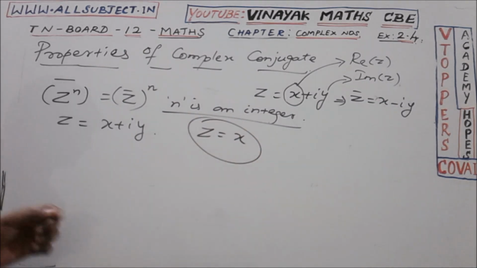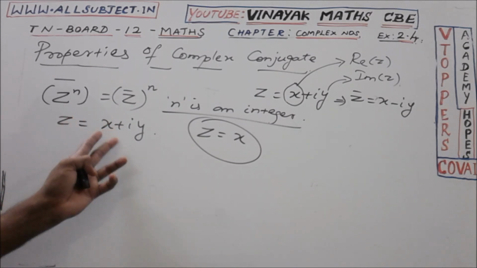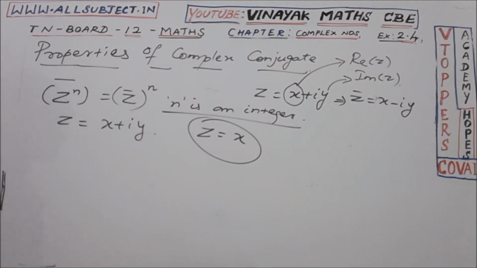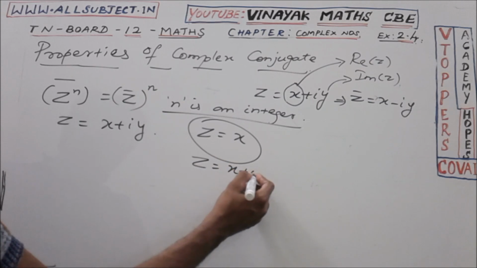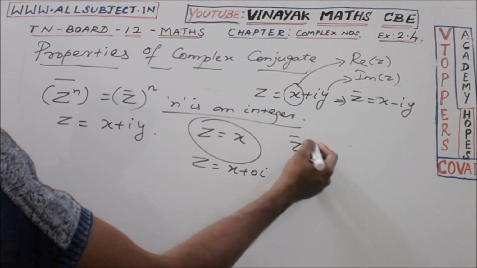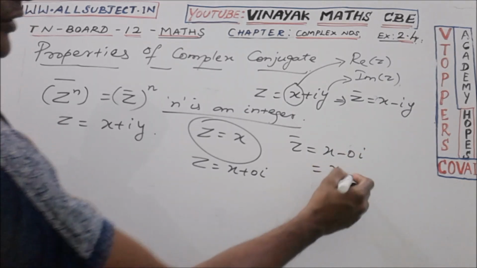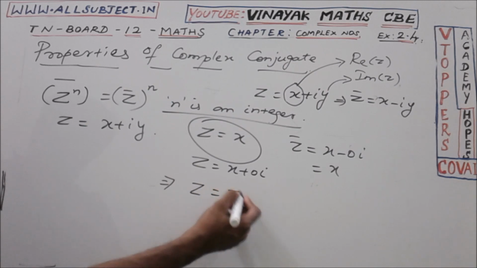Here Z equal to x plus iy contains both real and imaginary parts. Suppose we take a complex number which contains only a real part, its standard form is x plus 0i, then its conjugate is equal to x minus 0i, that is also equal to x, which implies Z equal to Z bar.